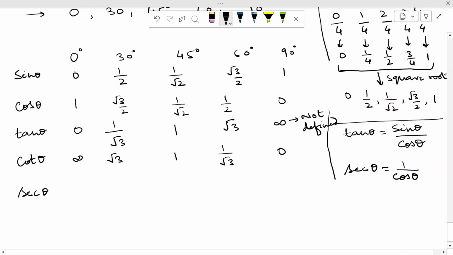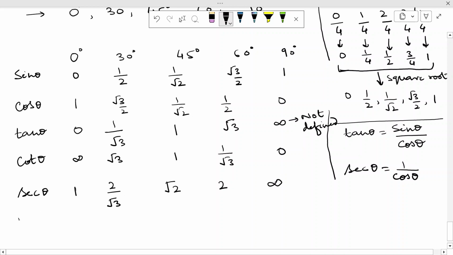Sec 0 is 1 over cos 0, so that is 1. Sec 30 degree is 1 over cos 30 degree, so this is 2 over root 3. Sec 45 degree is 1 over cos 45 degree, so that is root 2. Sec 60 degree is 1 over cos 60 degree, so it is 2, and sec of 90 degree is 1 over cos 90 degree, so again it is not defined.